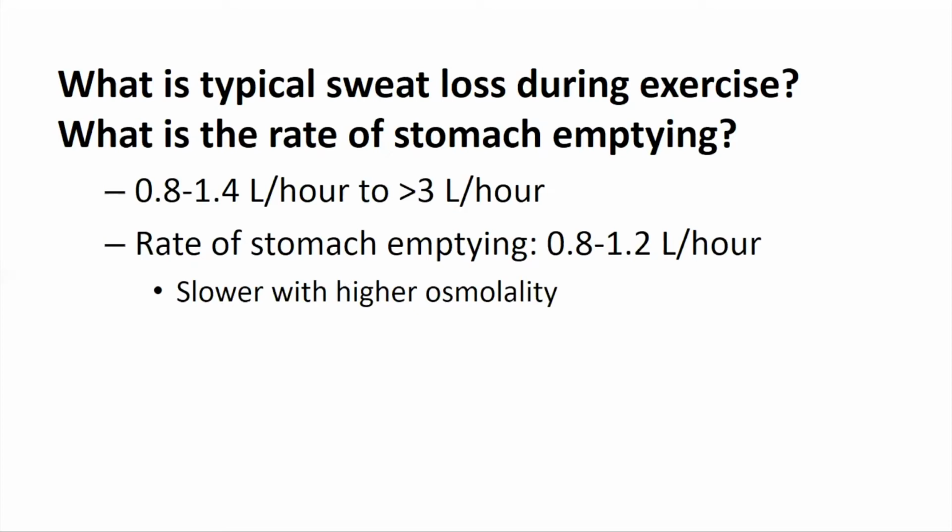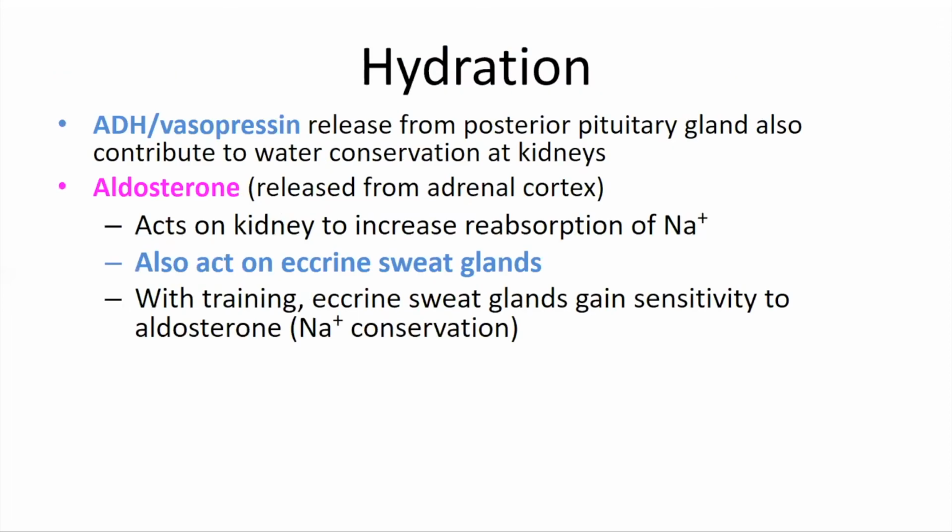Remember, we said that a sport drink should not have more than 6% carbohydrates contained within it. So if they're ingesting something with carbohydrates to replenish their glucose, this will also slow the rate of stomach emptying, so they would be at a higher risk of not hydrating fully.